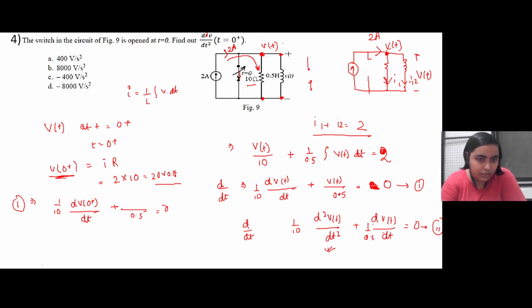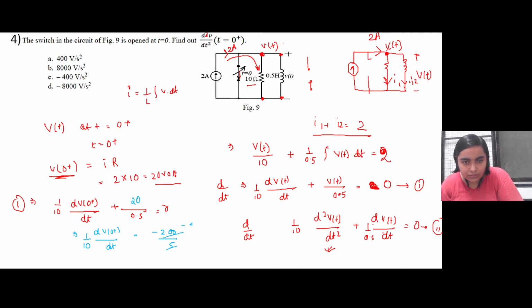So let us put 20 volt equal to 0. So dV of 0 plus by dt will be equal to minus 200 by 5, and this is 1 by 10. So 40. So dV0 plus by dt comes out to be minus 400, right?